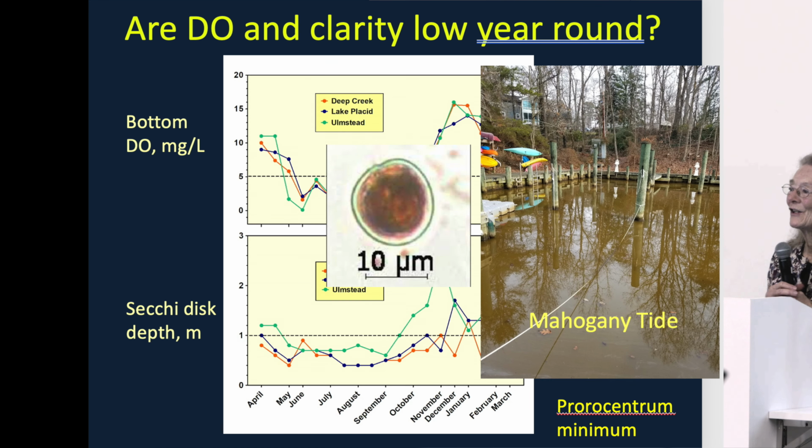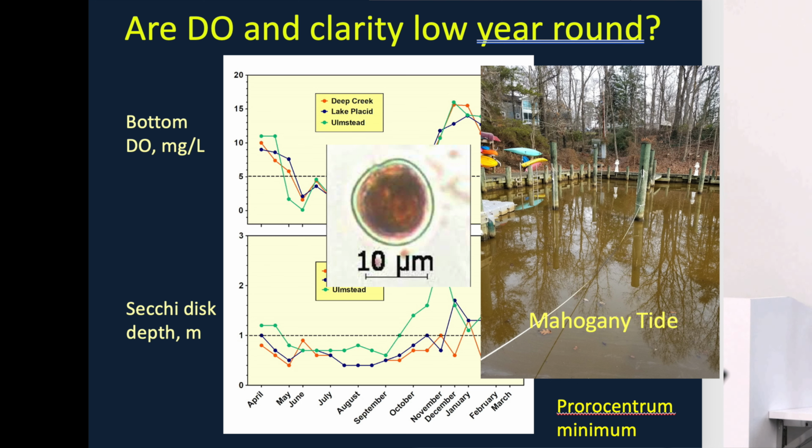So this is the issue that we have with lots of algal growth. Here we are. We had really good water clarity, and then boom, this mahogany tide comes in, and water clarity drops way down. Mahogany tide is caused by a microscopic algae called Prorocentrum minimum. It doesn't have a common name because you can't really see it.